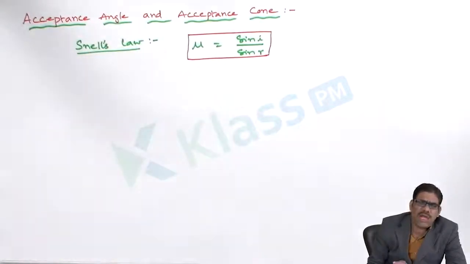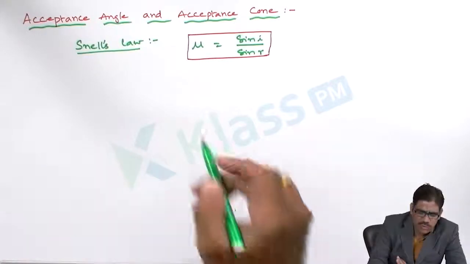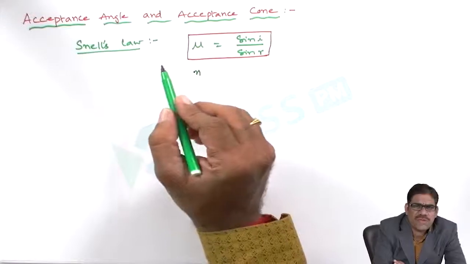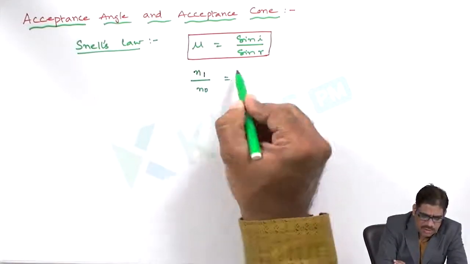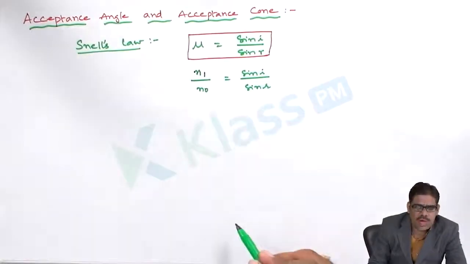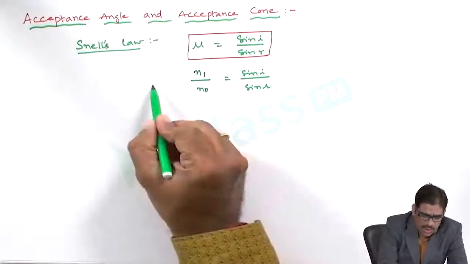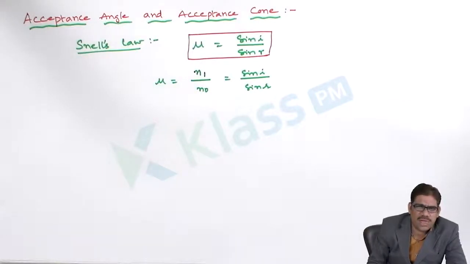First of all, the light enters from the air medium into the core medium. So we define the air medium's refractive index as N0. So first one is the air medium. So N1 by N0 is equal to sin I by sin R. Here mu is equal to N1 by N0, first medium to second medium.